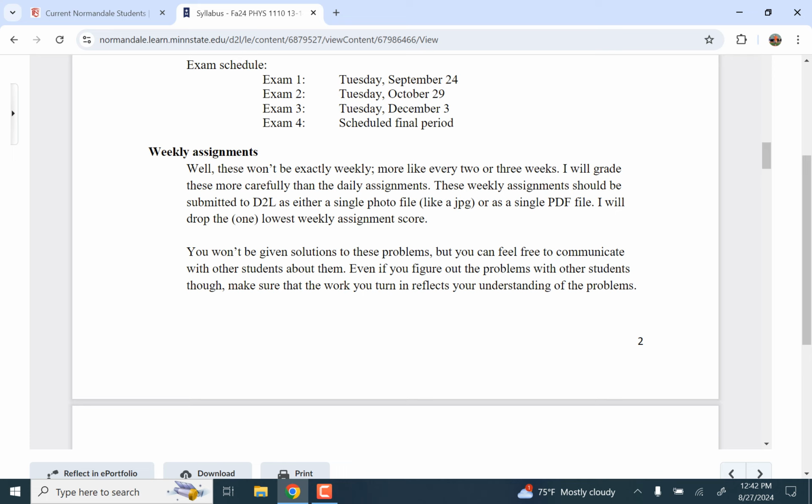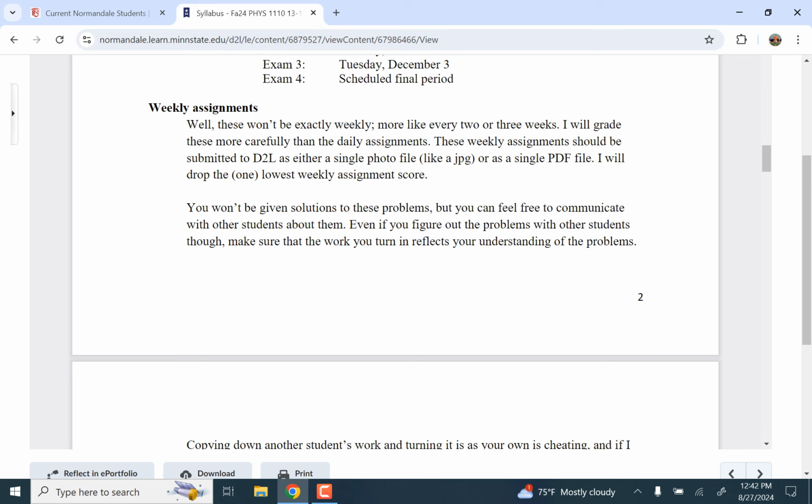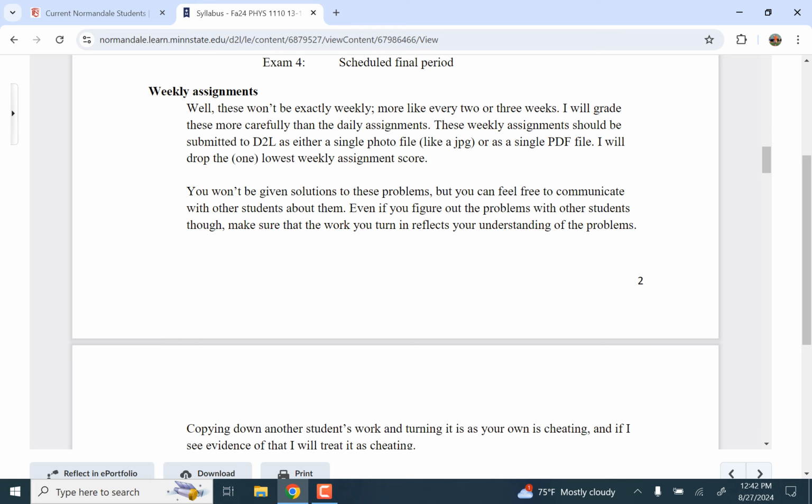It's just that it's kind of tedious for me if you're turning in a 4-page assignment and you turn it in as 4 separate pictures. I just have to keep your score in my head as I go from file to file. If you turn it in as 4 separate JPEG pictures or whatever, I'll grade it, that's fine. But if you can figure out a way to turn it in as a single file, I'd appreciate it. Okay, and the weekly assignments, I'm not going to give you solutions to.